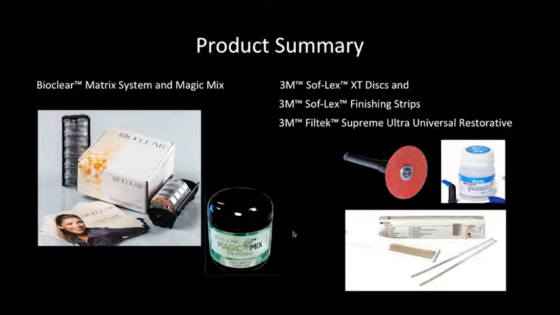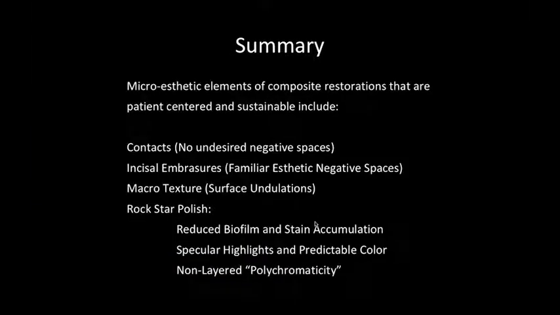And of course, the star of that is the Softflex XT disc, and my favorite being the large coarse disc. We also use the Softflex finishing strips interproximally at the gingival areas just to make sure we've got really seamless restorations. And then, of course, I really enjoy using the Filtek Supreme Ultra Universal Restorative. That's the body shade. That's my favorite.